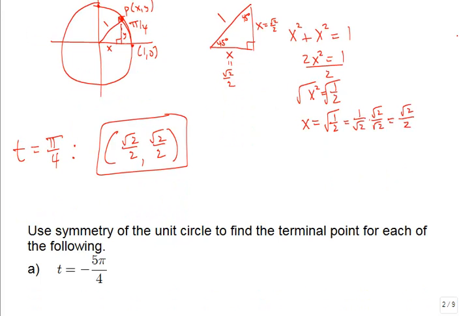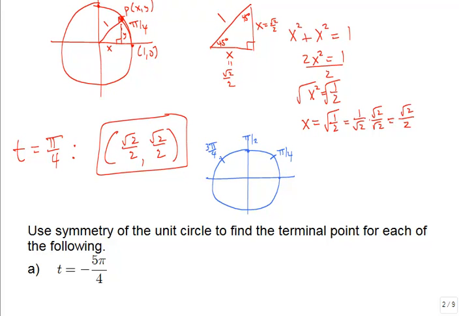Now before we answer some of the next questions, let's take a peek at our unit circle for a moment, and let's figure out where these pi over 4 angles would lie. Here's t being 0. The first pi over 4 would be right here. Now if I add pi over 4 to that, I'm going to get 2 pi over 4, which is pi over 2. So we know that this is pi over 2. If I add another pi over 4, that makes me have 3 pi over 4s.